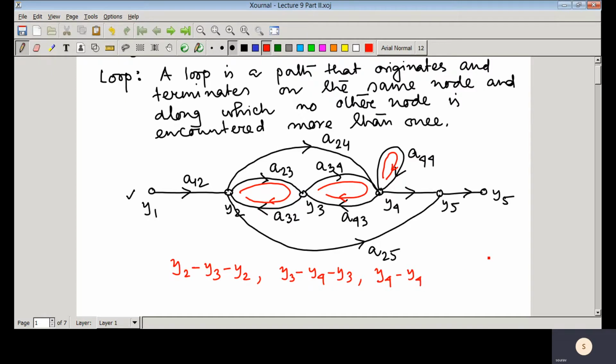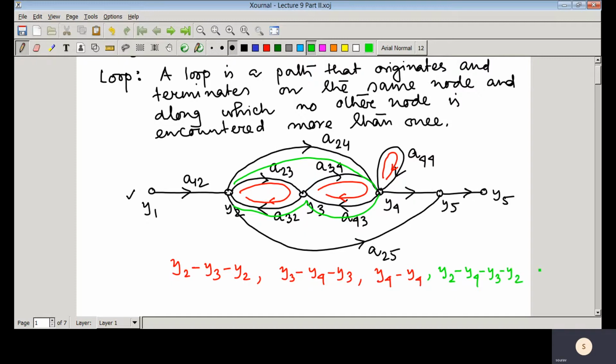Is there any other loop? No. So in this case we have only 3 loops. Yes, we can have another loop, that is y2, y4, y3 and again y2.